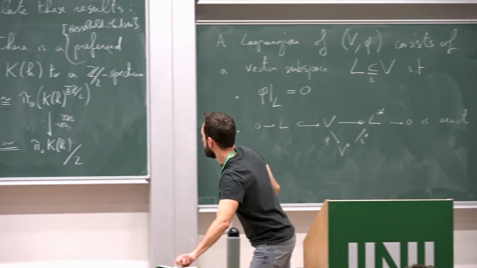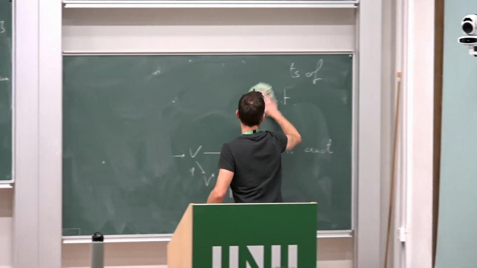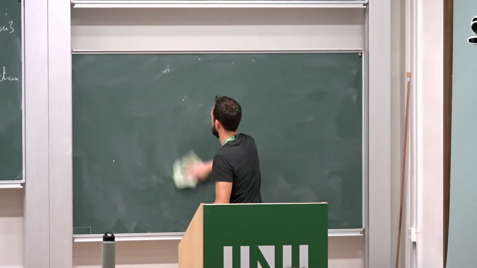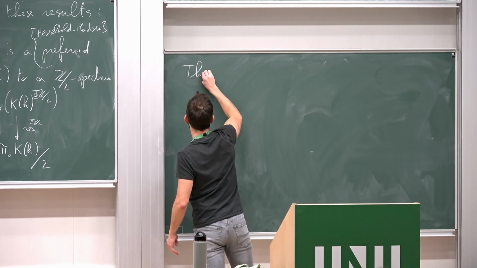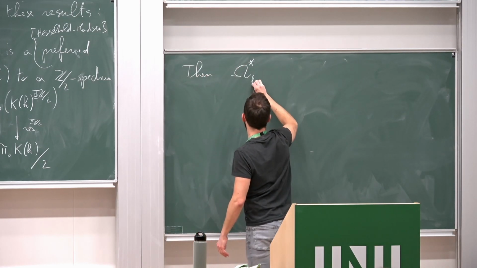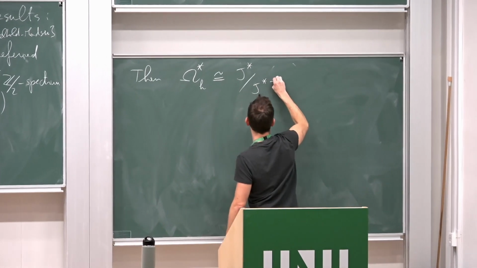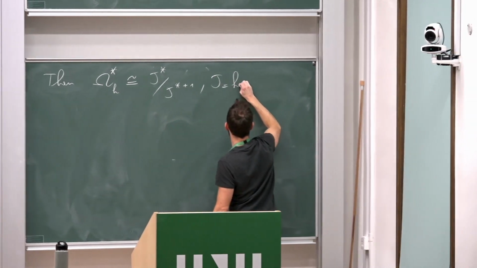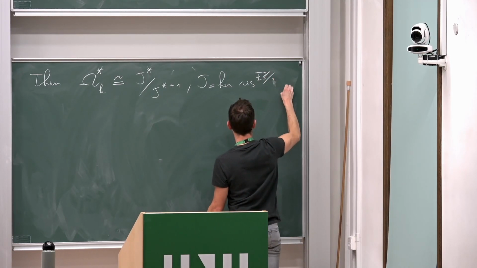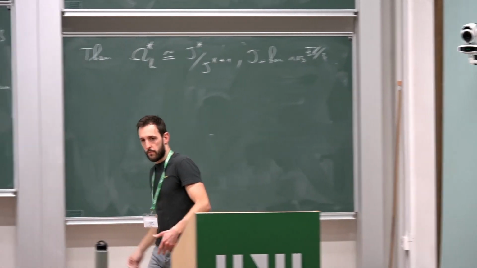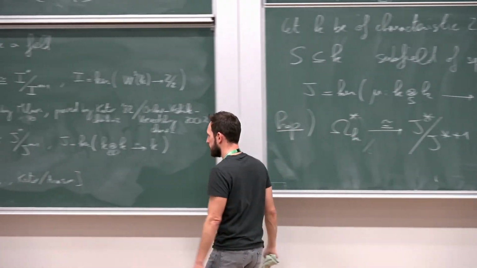So the same kind of thing is happening here. So then what we get is that the de Rham complex of k is the same as the graded, where J is the kernel of this restriction. So this gives a more precise link between these two statements.